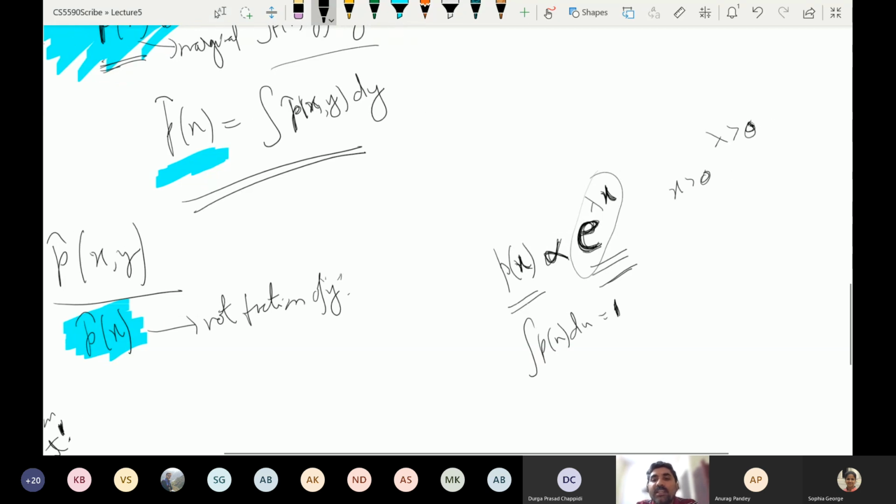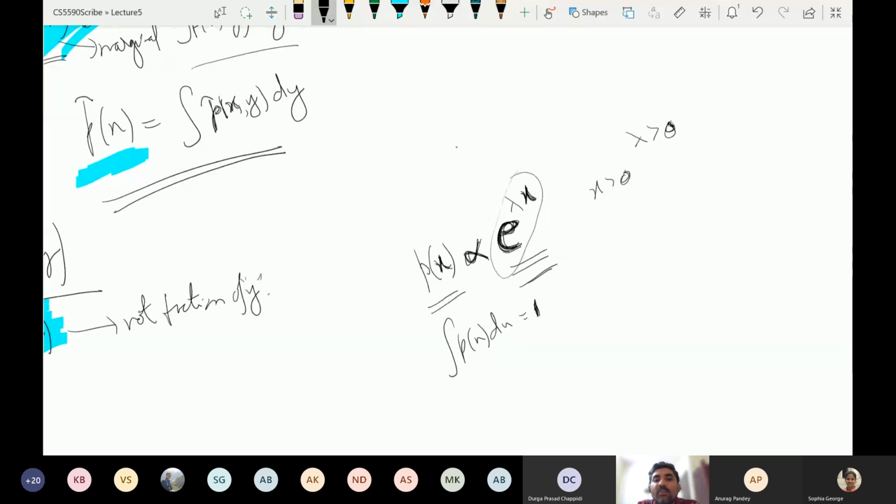For example, let's find out the actual likelihood function. If this is the proportionality, what should the likelihood function be? It should be some constant c times e to the power of lambda x. Agreed? So now our goal is to find this constant c. This is called the normalization constant.